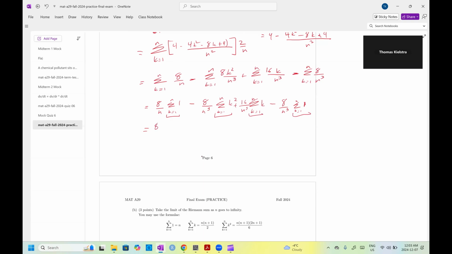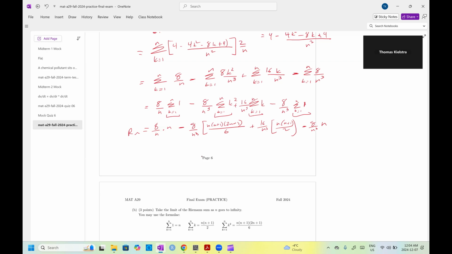So this gives me 8 over n times n, minus 8 over n cubed times n(n plus 1)(2n plus 1) over 6, plus 16 over n cubed times n(n plus 1) over 2, minus 8 over n cubed times n. And now that is Rn in closed form.